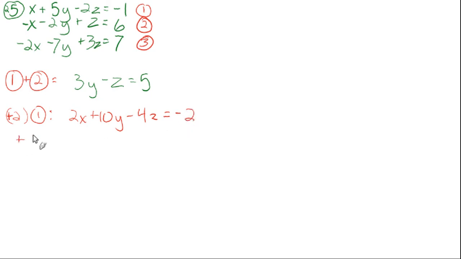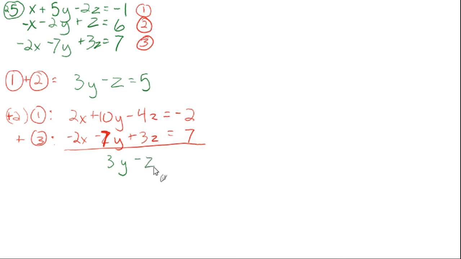And we're just going to add equation 3. And that'll be negative 2x minus 7y plus 3z equals 7. These will cancel each other out. 2x minus 2x is going to be 0x. 10y minus 7y is 3y. 3z minus 4z is negative z. And 7 minus 2 is 5.